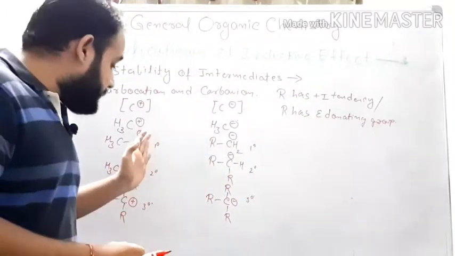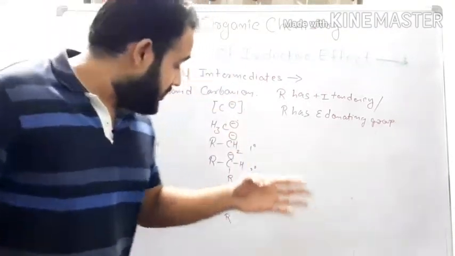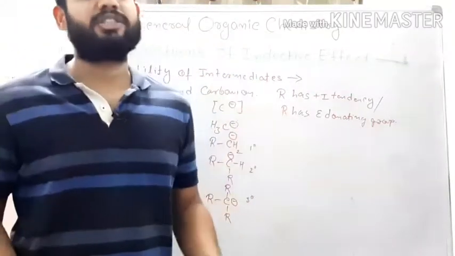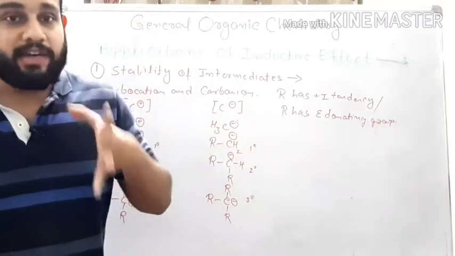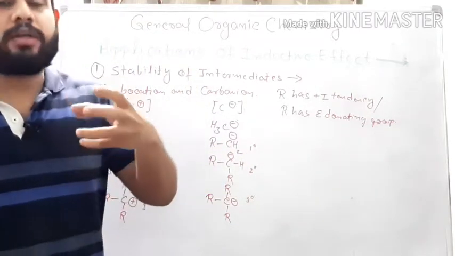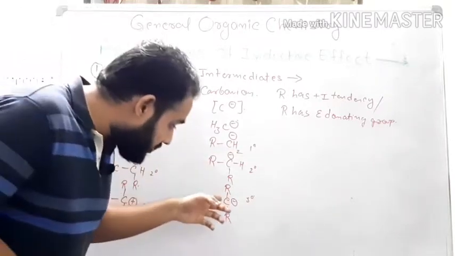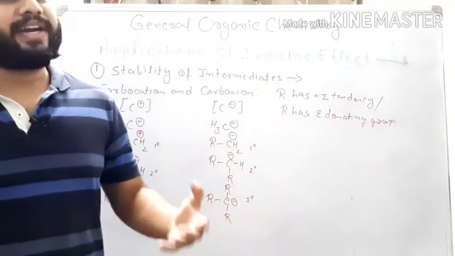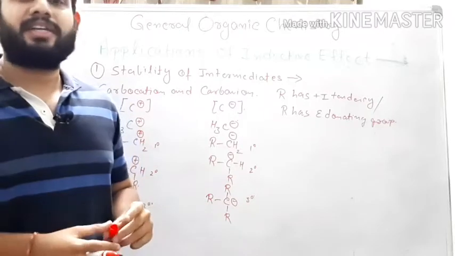Okay, and oppositely, in your carbanions, the tertiary carbanion will be the least stable carbanion, because here the carbon is already negatively charged. It means it already has more electron density, but also here three R groups can donate electrons to your negatively charged carbon, which will ultimately destabilize it.